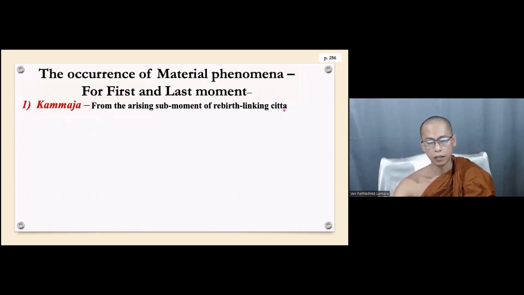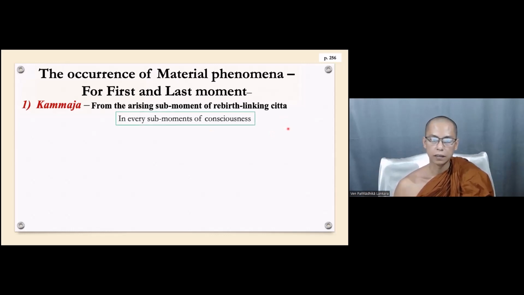In the former lesson, lesson 45, we already studied that kammaja rupa arise at the arising sub-moment of rebirth linking consciousness, patisandhi citta. That is for beings who have consciousness, not the non-percipient beings. So this is the starting point. Then it continues to be produced in every sub-moment of consciousness.